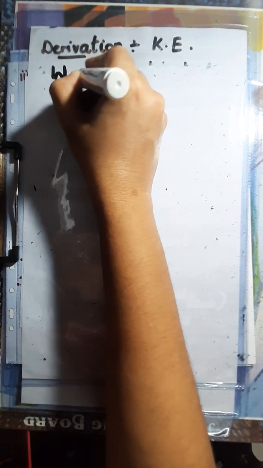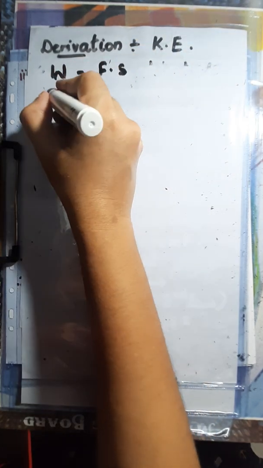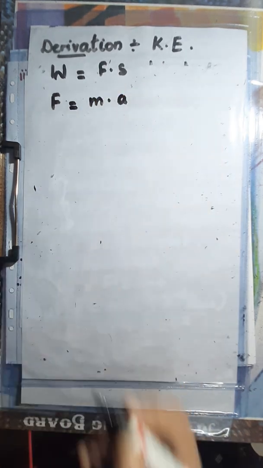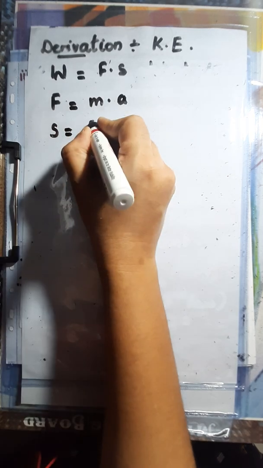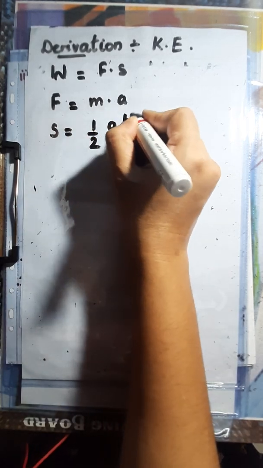work is equal to force into displacement. Force is equal to mass into acceleration. S is equal to half at square. We got these three, right?